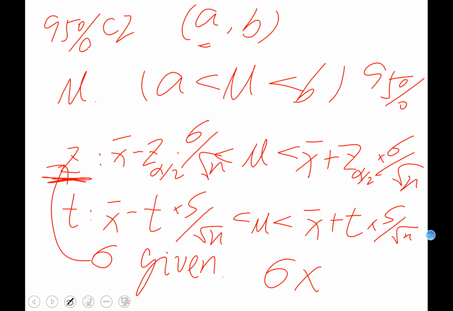Variance is sigma square. So if sigma or sigma square is not given, we cannot use the first method. At this time, we need the second formula. So the precondition for T is that sigma is not given. That is the difference between Z and T confidence interval estimation.